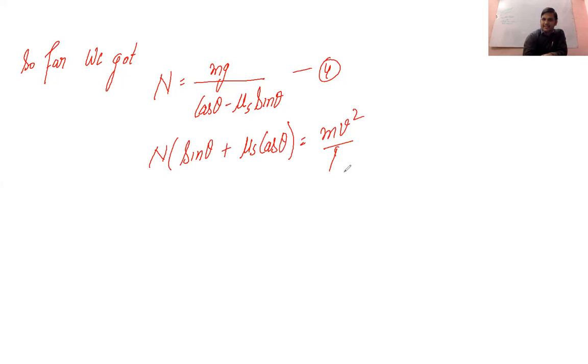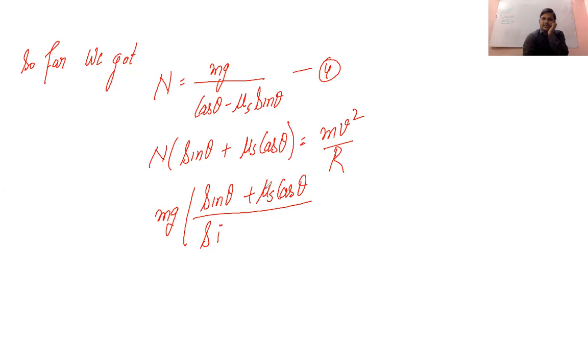Now we can put the value of this normal reaction here: mg, and here sin theta plus mu s cos theta, upon cos theta minus mu s sin theta, equal to mv square by r, and you can just cancel out m from here.